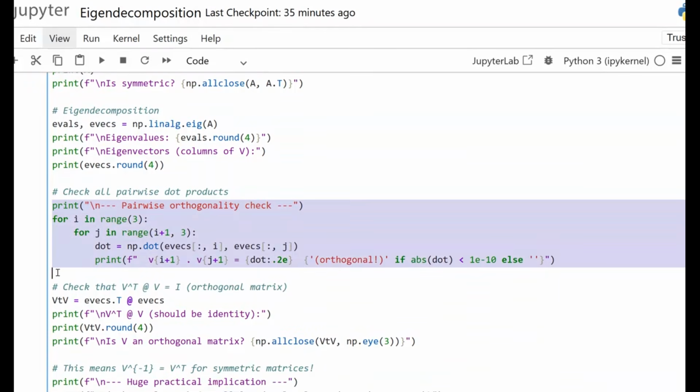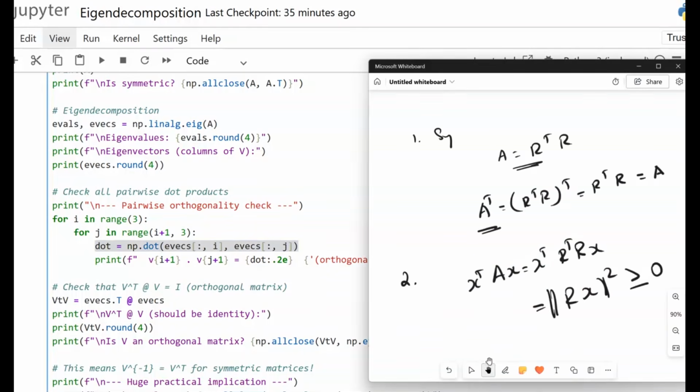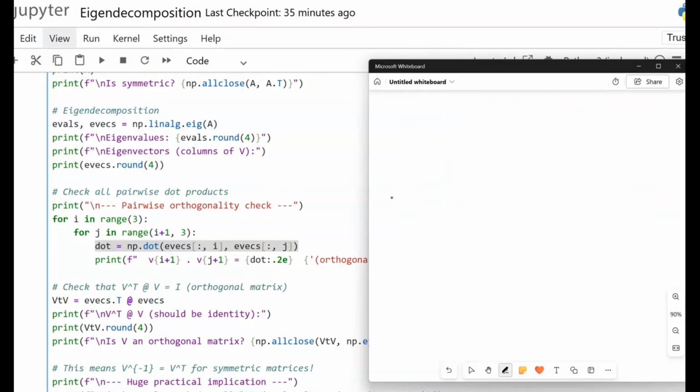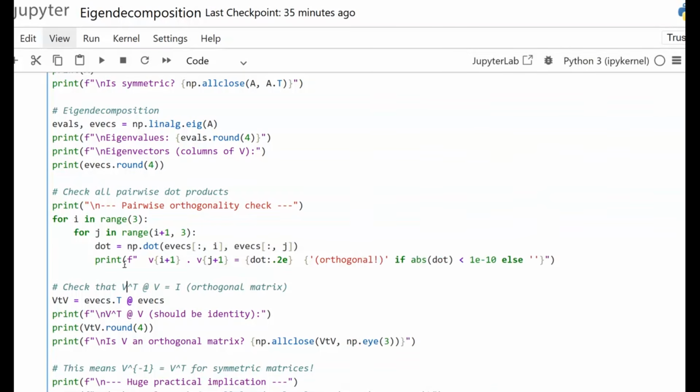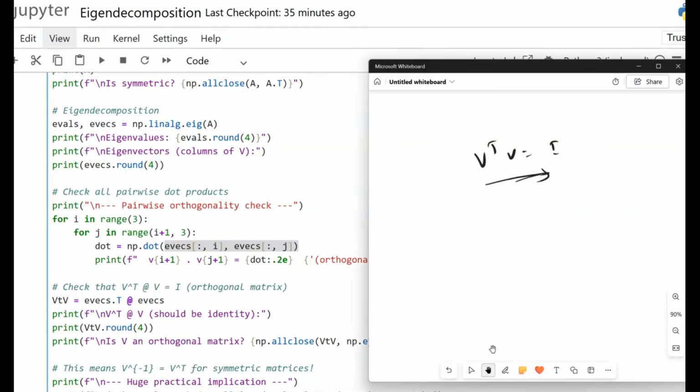This is the loop for the orthogonality check, and this exact dot function computes V transpose V. Kindly observe, V transpose V is equal to identity, which we expect from the eigenvalues and eigenvectors. With the i and j indices, we have V sub i transpose multiplied by V sub j.